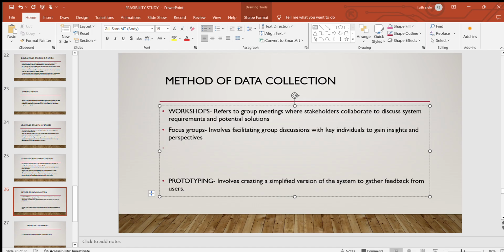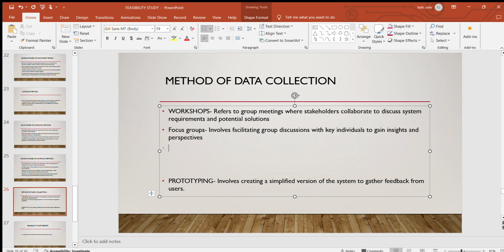So later, I'd like for you to look at the advantages and disadvantages of workshops, focus groups, prototyping, and we can also include case studies.